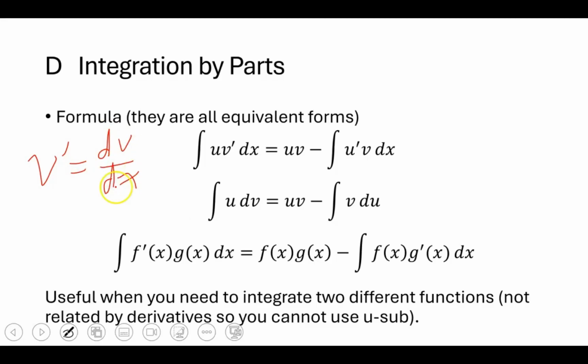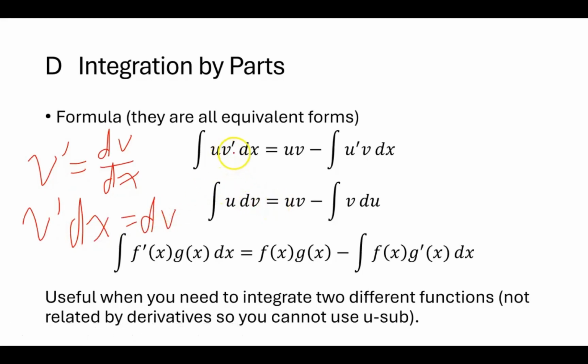Now if you move the dx to the left hand side, you get v prime dx equals dv. So you see why you can replace the v prime dx with dv here, and it's the same as the du here. So this one is very short and elegant to use.